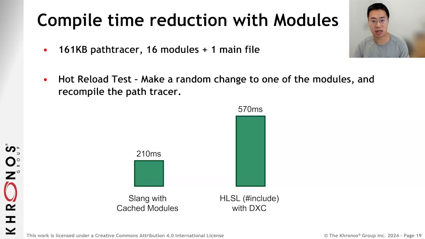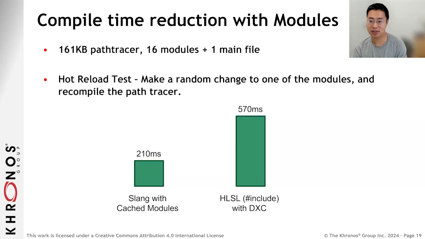And with the Slang module cache, such a recompile will only take 210 milliseconds. But if I write the entire path tracer in HLSL where everything is just pound included together, it will take DXC 570 milliseconds to do a recompile.